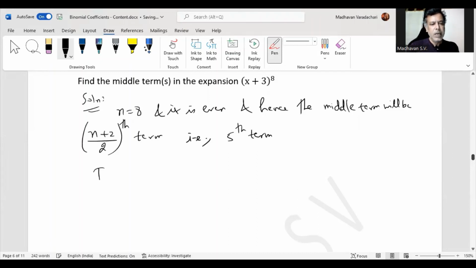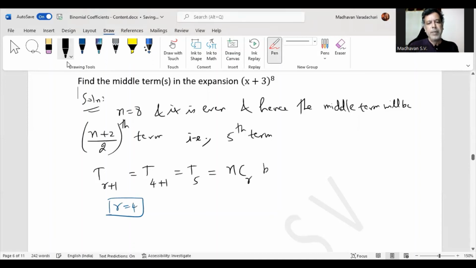Now we have T r plus 1, which will be equated to T4 plus 1 because you need T5. That means our r value is 4. So this T r plus 1 can be written as nCr b power r a power n minus r. n value, we know it is 8, and r value is 4, and then b is nothing but 3.